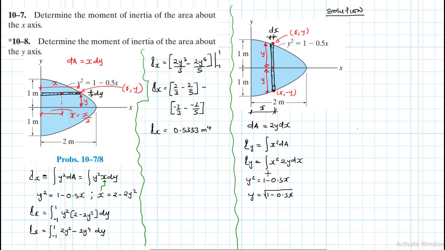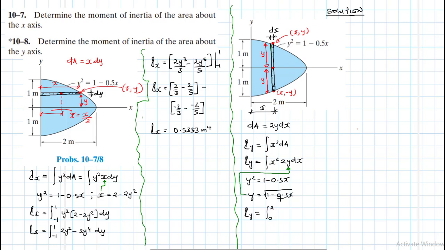So replacing this y here, if we do so, then we have Iy equal to the integral along the x-axis, with integration limits from 0 to 2. Then we have x squared times the root of 1 minus 0.5x.